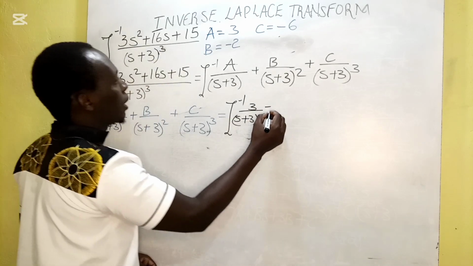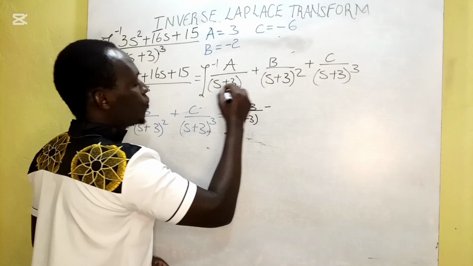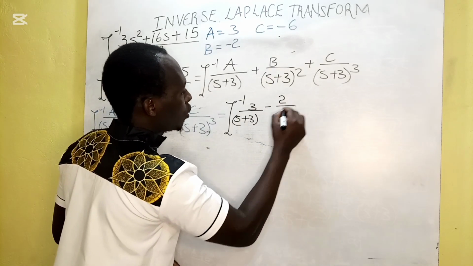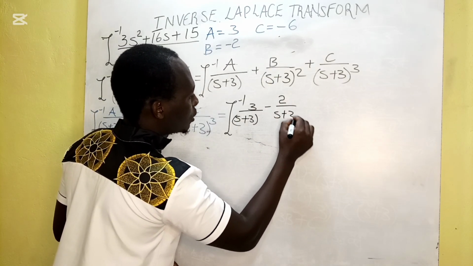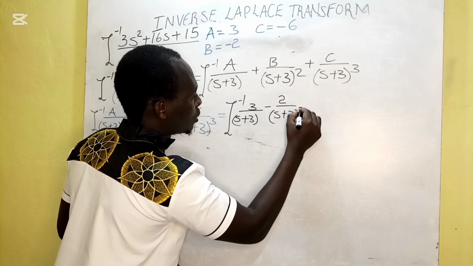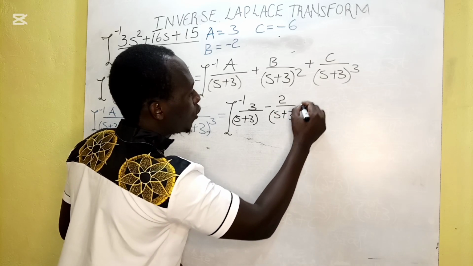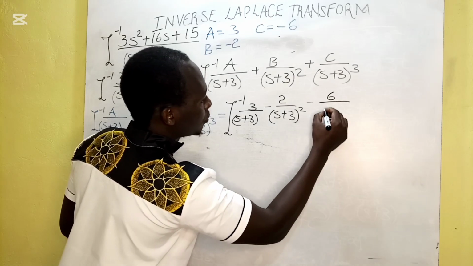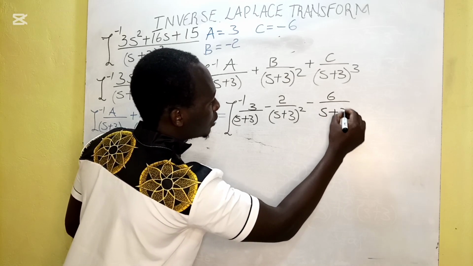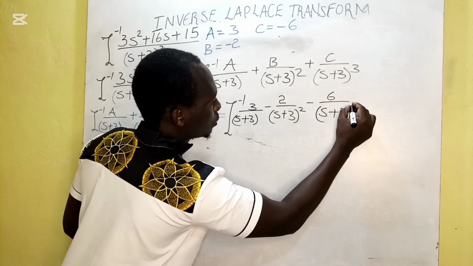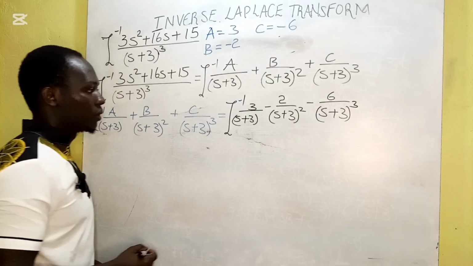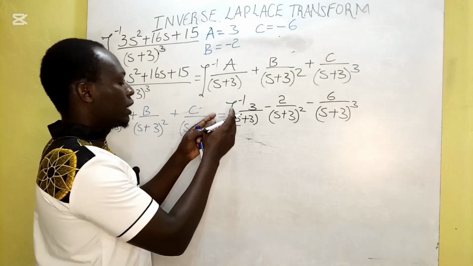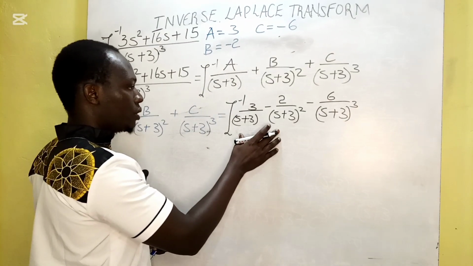We come and subtract from our value of b was equals to 2 all over s, we add to 3 squared, and our value of c was a negative of 6 all over s, we add to 3 raised to a power of 3. We are going to take the inverse Laplace transform.